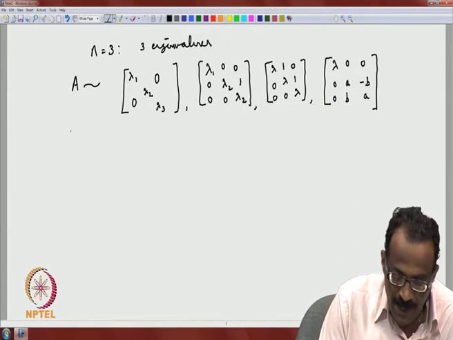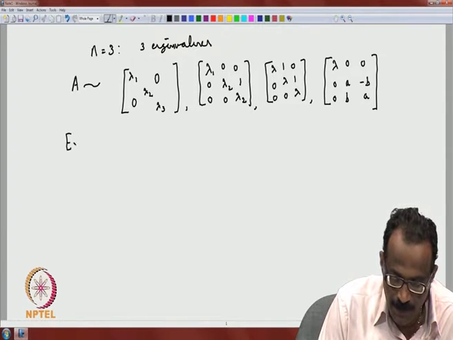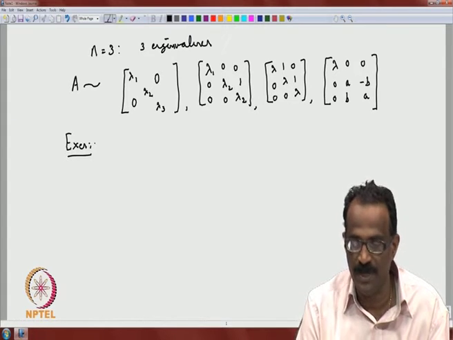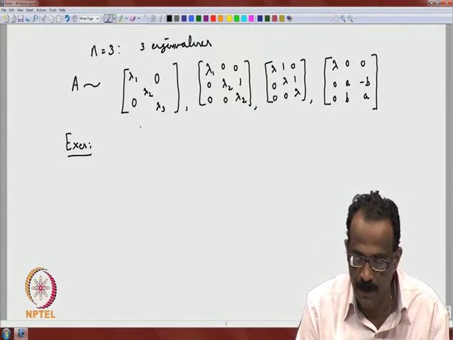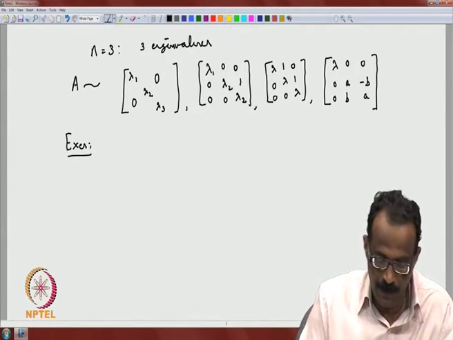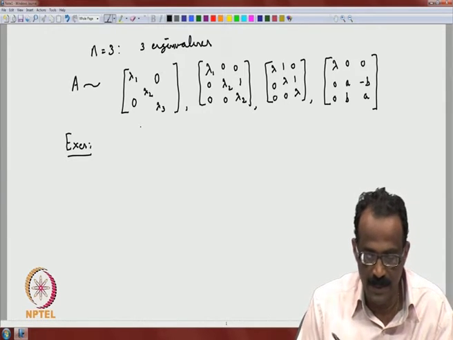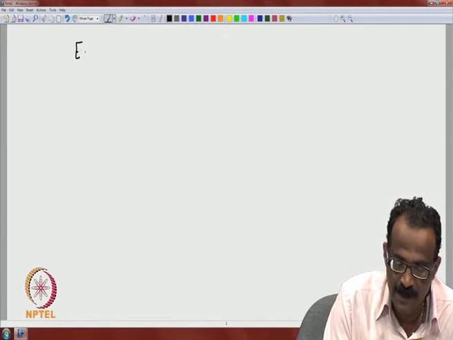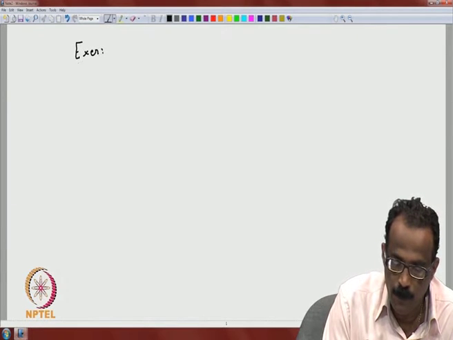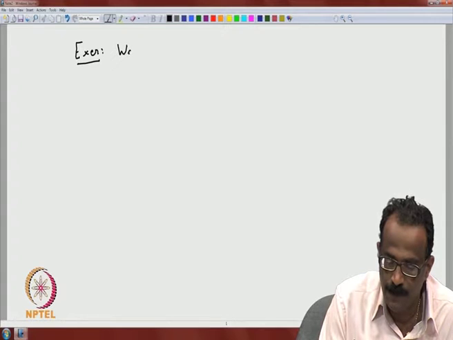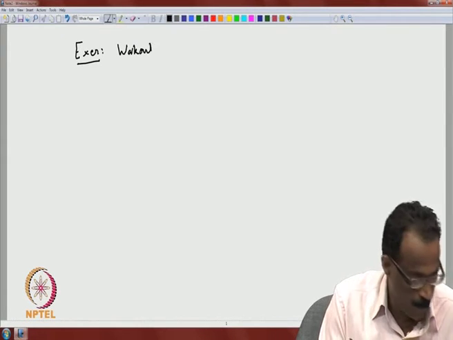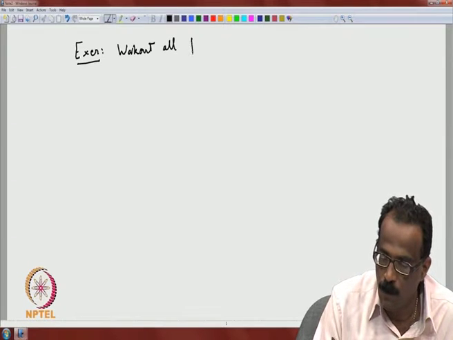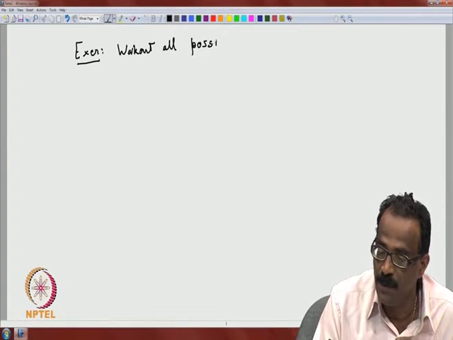So, I will give an exercise here to start with. You consider this type of system, you take B1. The exercise is to work out all possible cases with the above matrices.